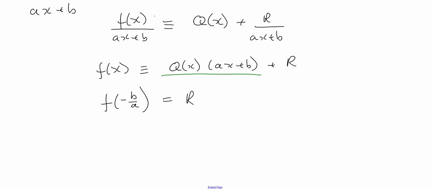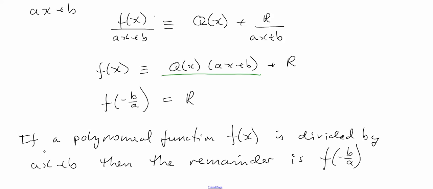And that is the remainder theorem. It states that if a polynomial function f of x is divided by ax plus b, then the remainder is f of minus b over a. You just substitute the value of x that makes the divisor ax plus b 0, so in general minus b over a, and the remainder is f of minus b over a.